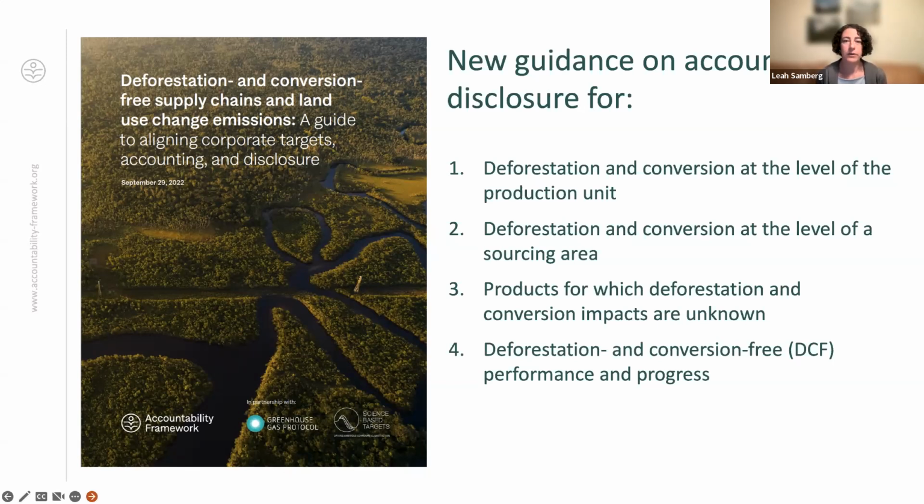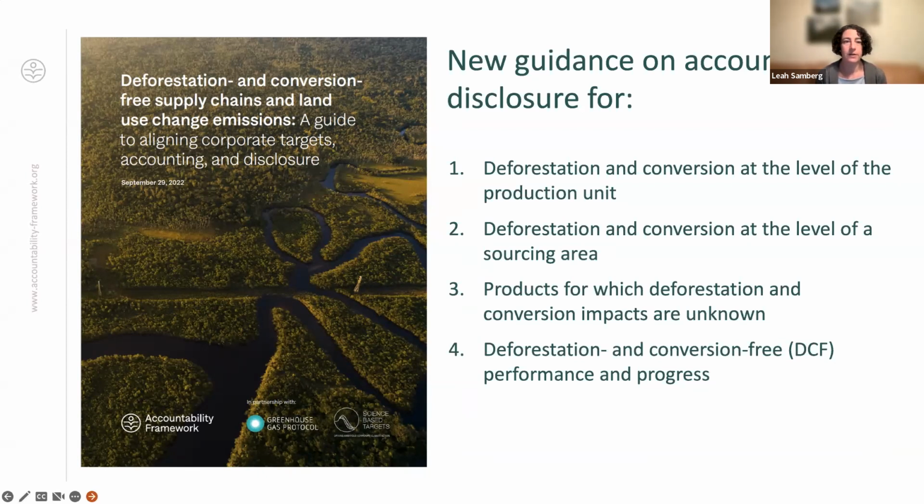So I'm going to provide an overview of 4 topics in this guidance that provide new and more detailed information for companies. For each of these topics, the new guidance summarizes existing information from the Accountability Framework, provides further details on methods, and recommends robust indicators for disclosure via corporate reporting through aligned platforms such as CDP Forests.